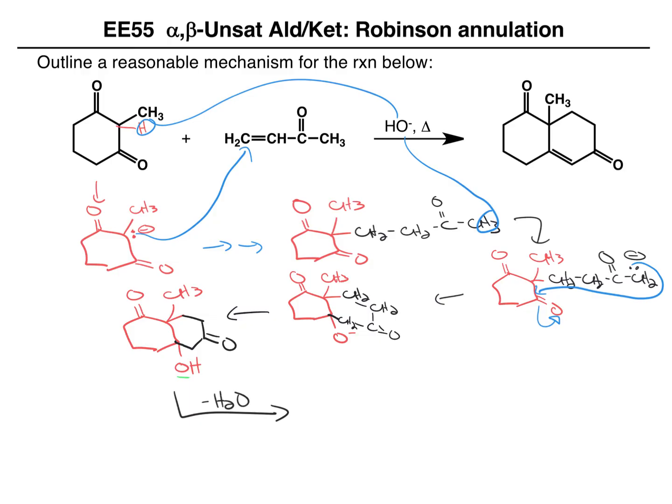We're going to lose the OH from here, and if we lose one of these H's, that will give us an alpha beta unsaturated ketone, right? It gives us a conjugated ketone. So we get this as our final product, and this matches what was observed.